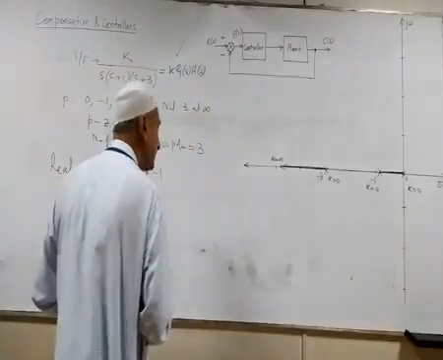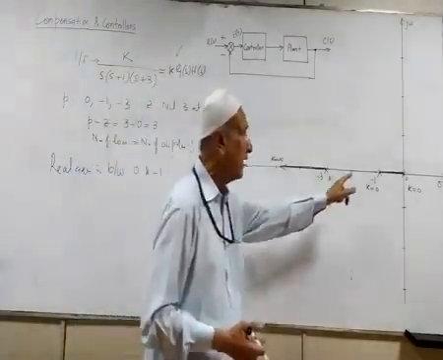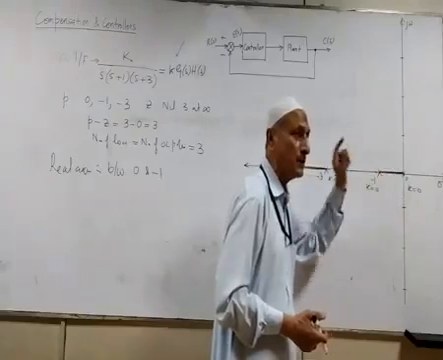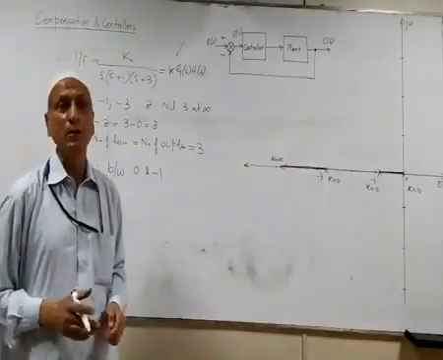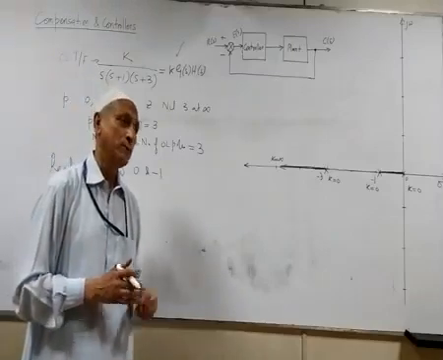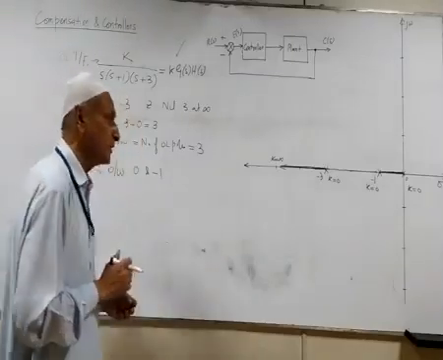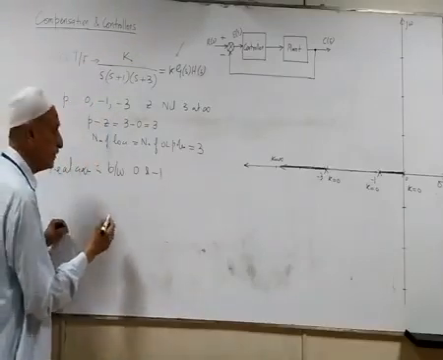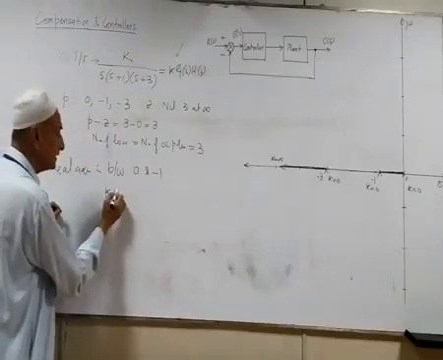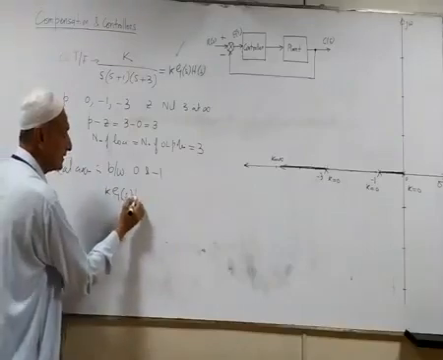Now we are expecting one breakaway point over here, because there is a real axis loci lying between two immediate open loop poles. The breakaway point is found again by using the angle magnitude criteria.